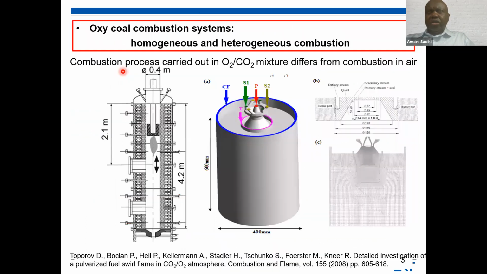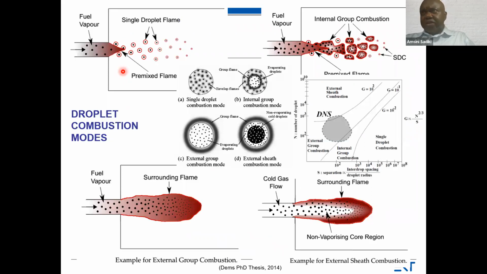Let me show where it is. Yeah, it is here. And we have the S, it is this quantity here, and we have the number and the group combustion number.